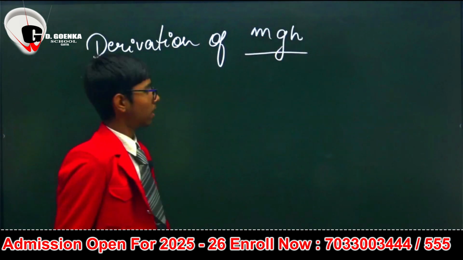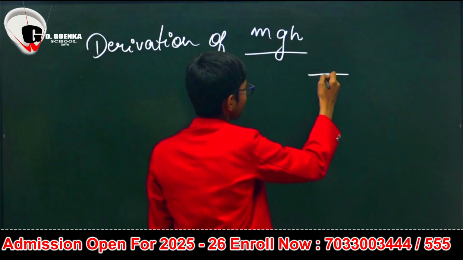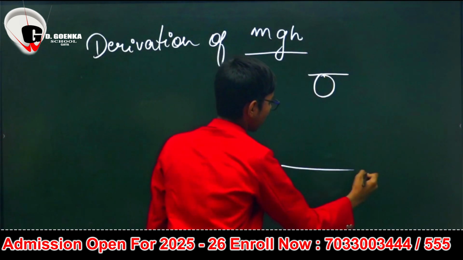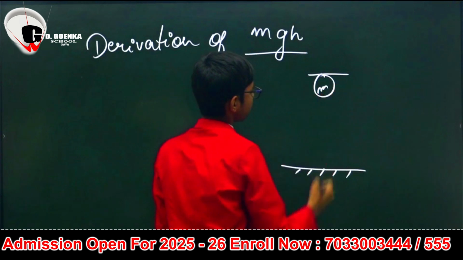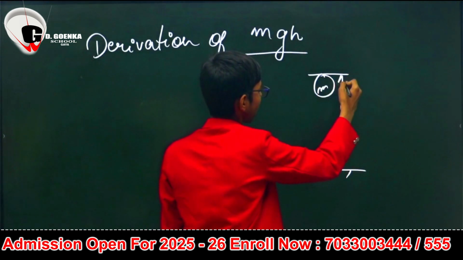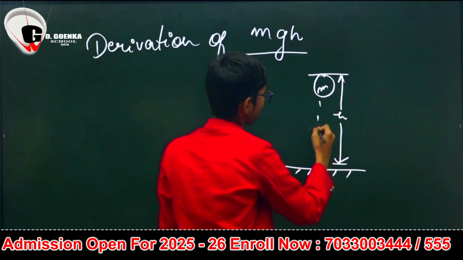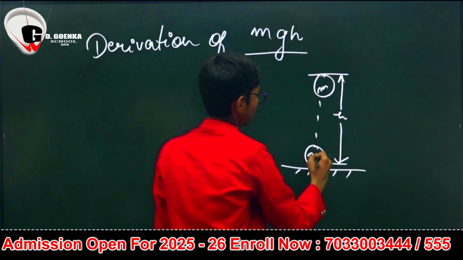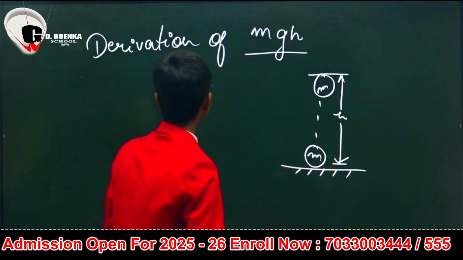So let's start. So again we will take a ball, it is on the ground, it has a mass of m, and it covers the height of distance h, and it falls down and comes over. So through this we will derive the formula of potential energy.